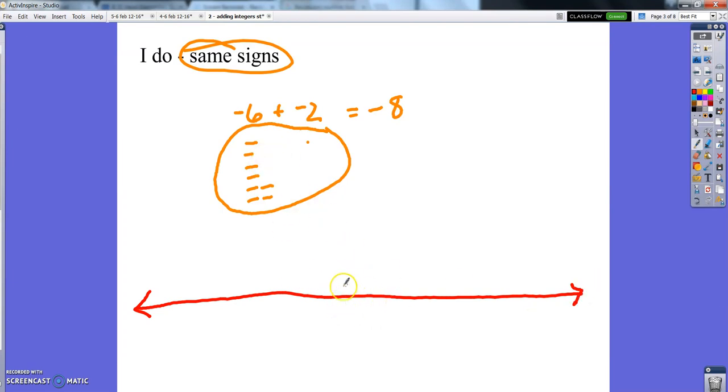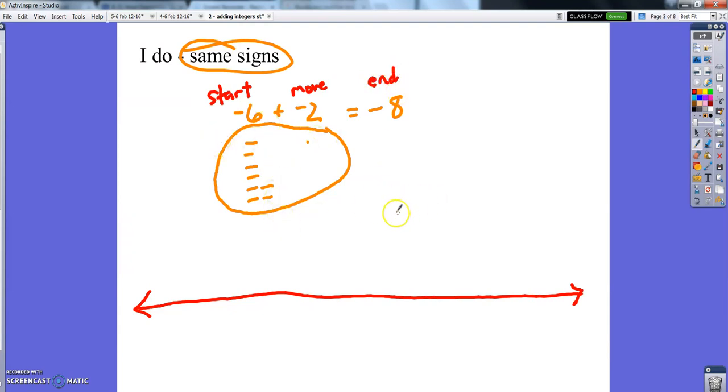So what I'm going to do is this same problem, -6 plus -2 equals -8. Just like we would do with any other numbers, I'm going to use the start, move, end strategy here.